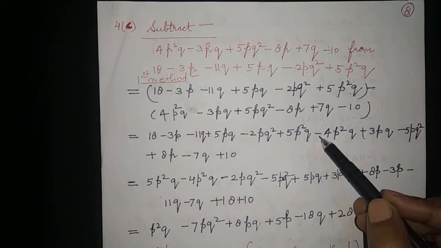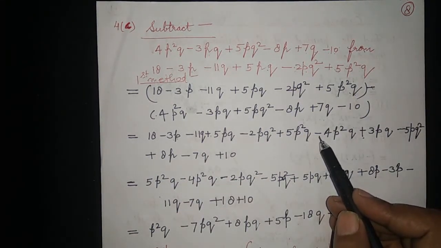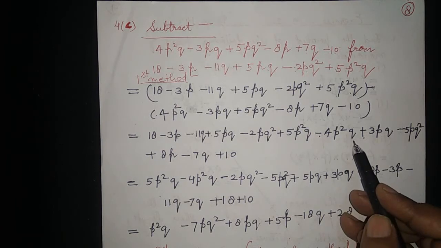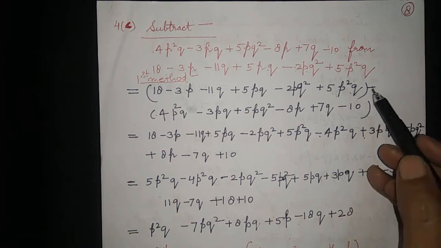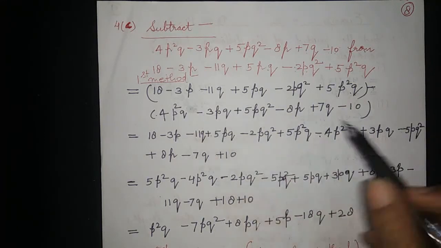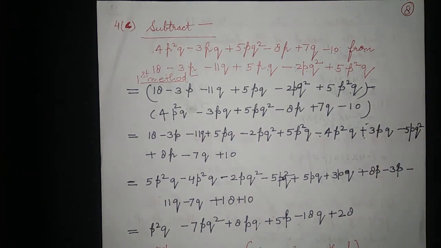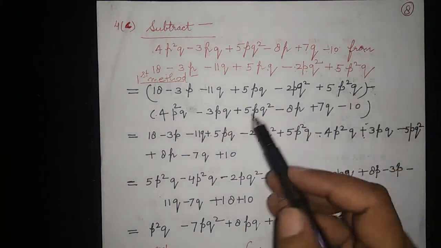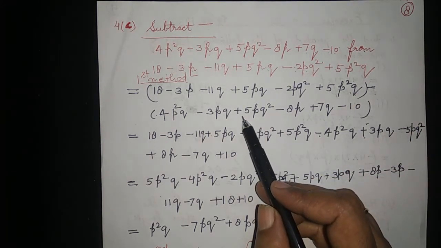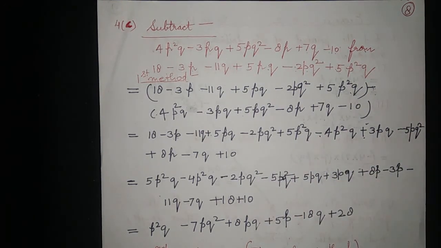Now we will start multiplication of signs. Minus plus, what will come? Minus. And the term we will write is 4p square q. Then minus and this minus, if we multiply, what will we get? Plus 3pq will come. Now this minus and this plus, if we multiply, then minus 5pq square will come.